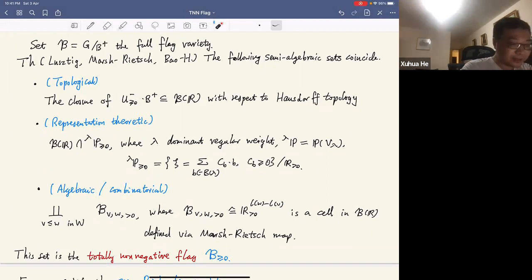I'm not going into the details of this, but there's the so-called map introduced by Marsh and Rietsch, which for each pair v less than or equal to w in the Weyl group defines a particular cell inside the flag variety, and then we take the disjoint union together. The result is that all these three definitions coincide.